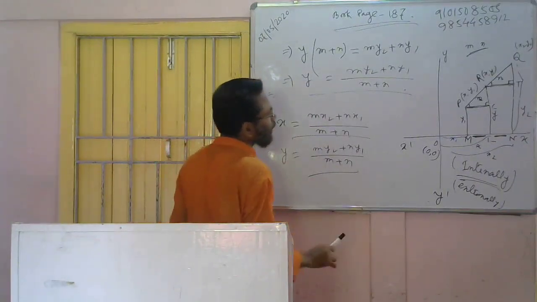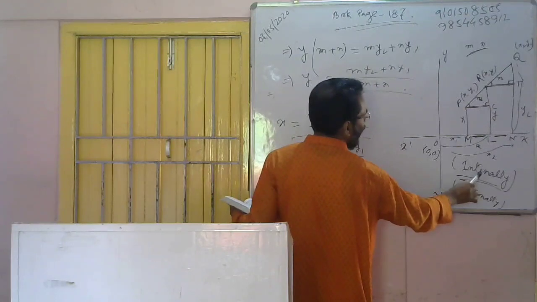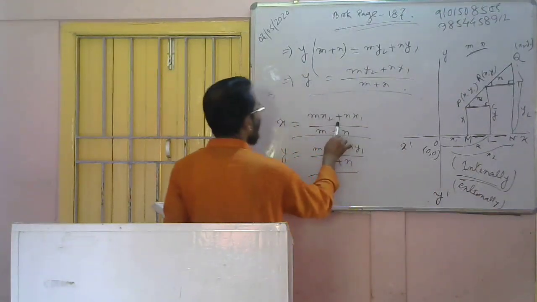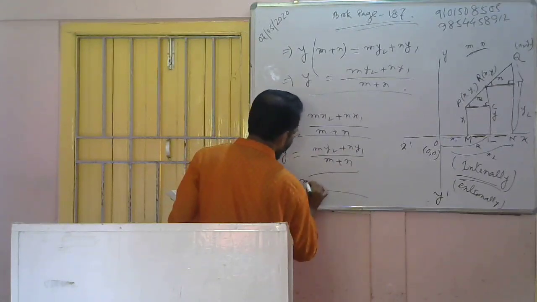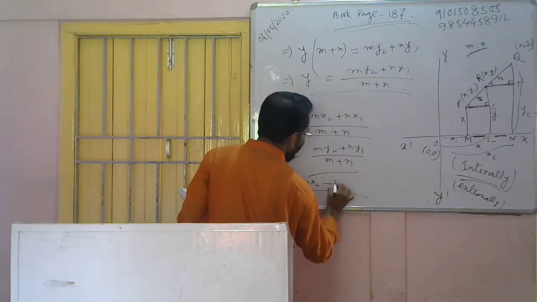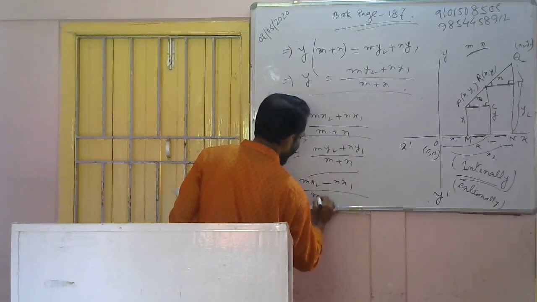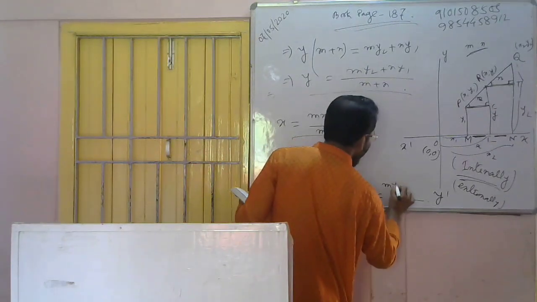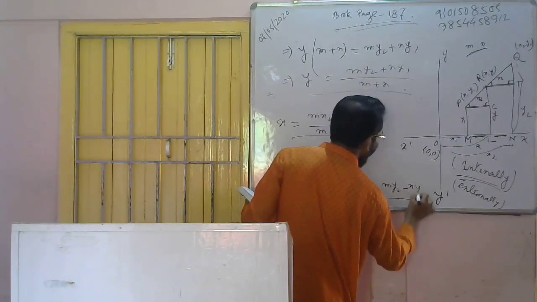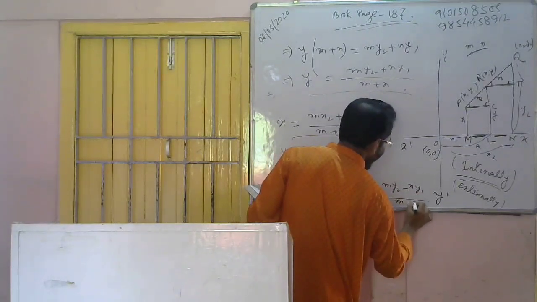So I told you earlier, if the cutting is internally, then there will be plus, and if the cutting is externally, then it will be mx2 minus nx1 by m minus n, and y will be my2 minus ny1 by m minus n.